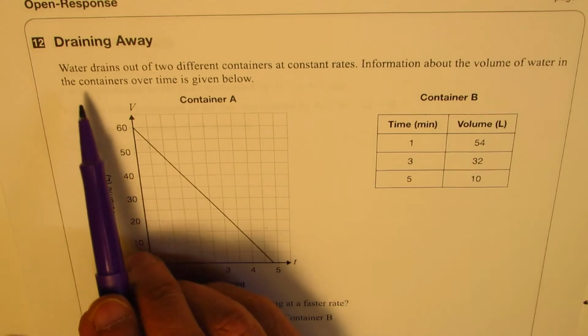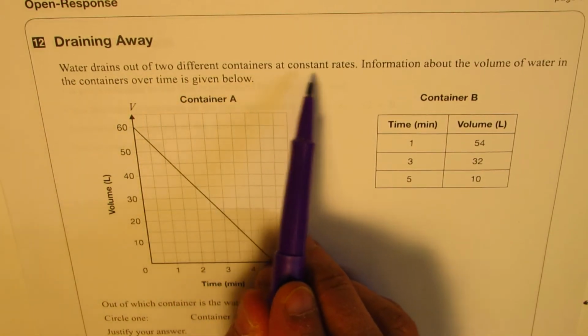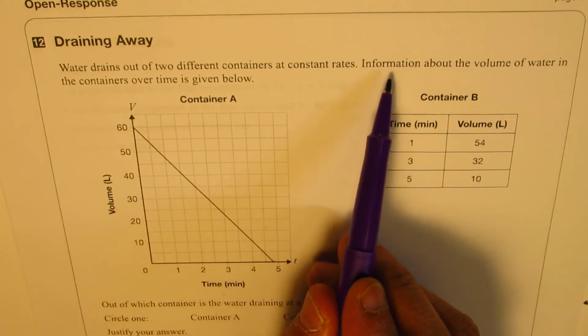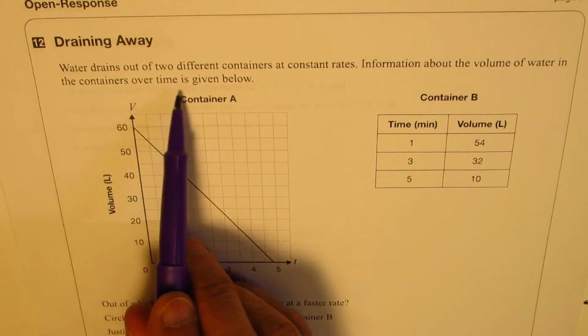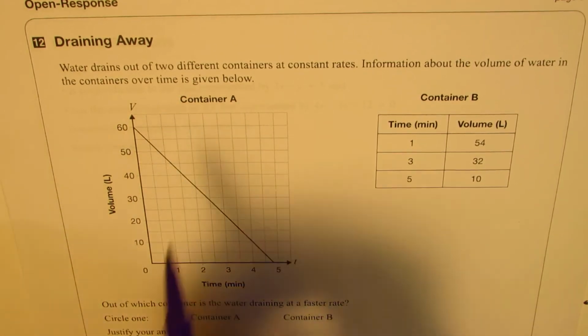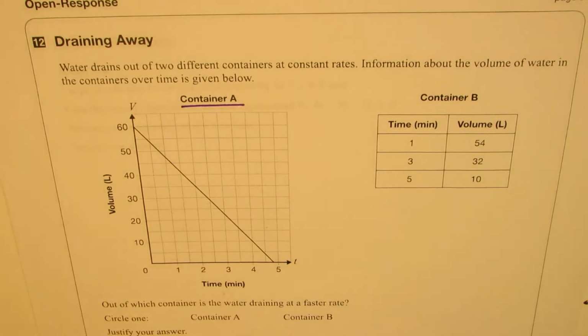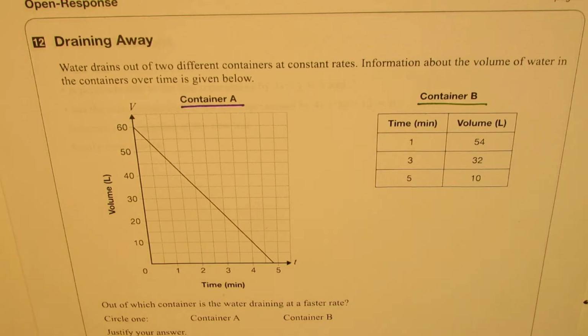The question here is, water drains out of 2 different containers at constant rates. Information about the volume of water in the containers over time is given below. So this one is the graph for container A, and here we have container B, which is the information given in the form of a table.